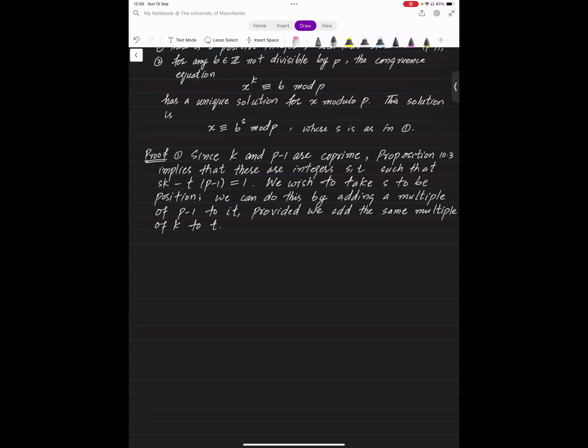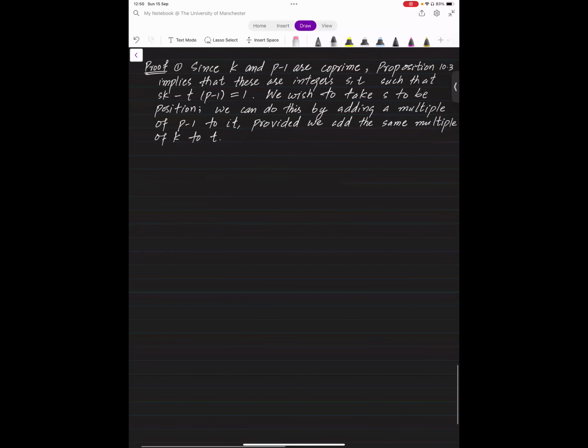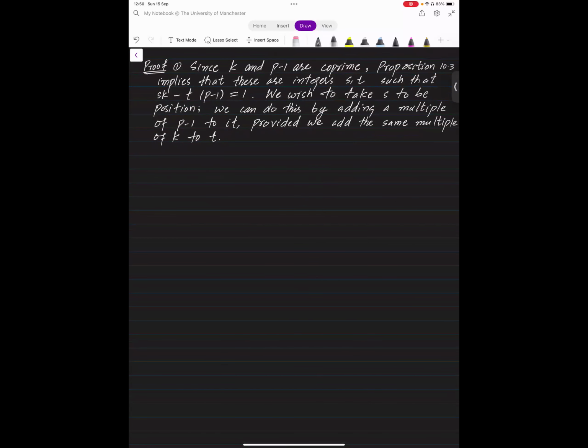So we are simply saying that we want to do (s plus a into p minus 1) into k minus (t plus ak) into p minus 1 equals 1 for any a.